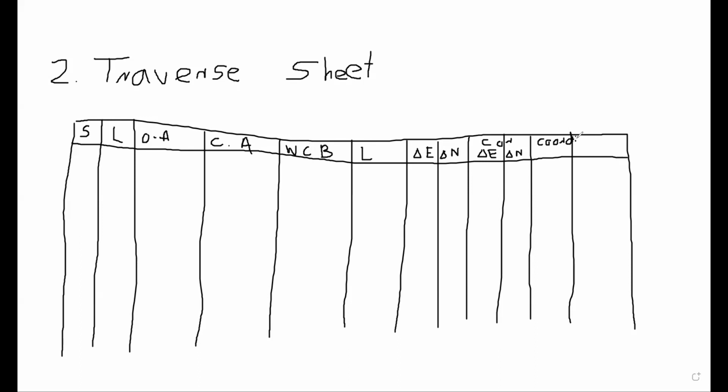I want to just explain the expected width for each column. This is meters E and meters N. For the first column, we are entering just one letter.